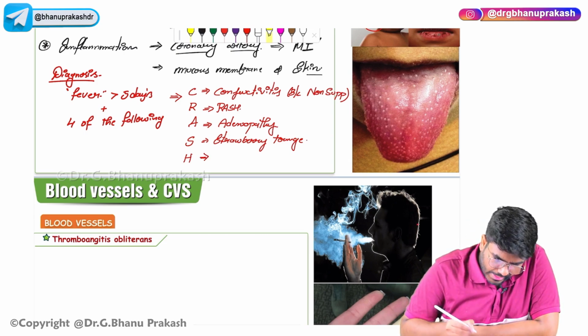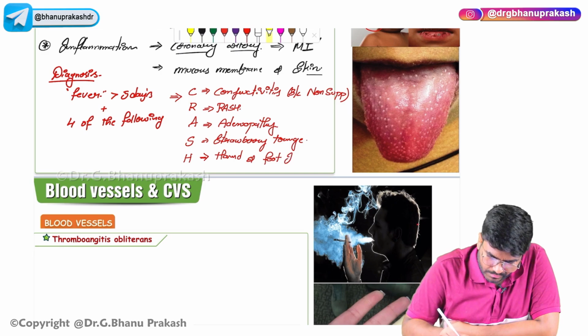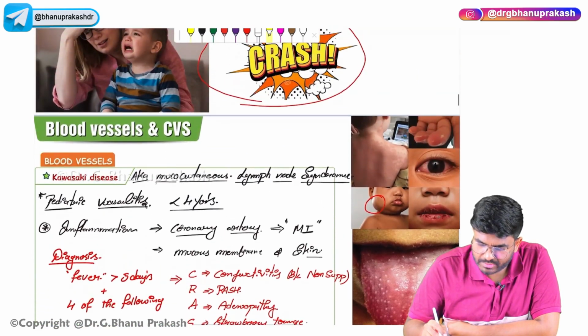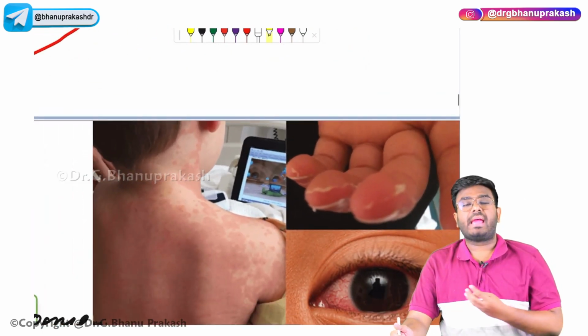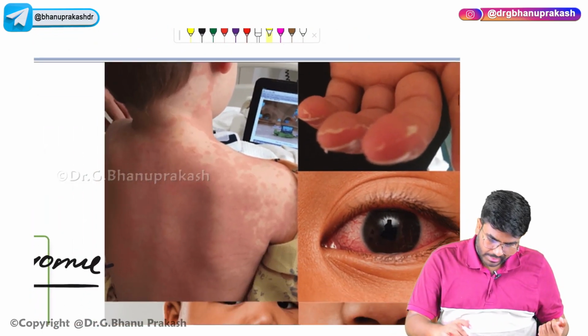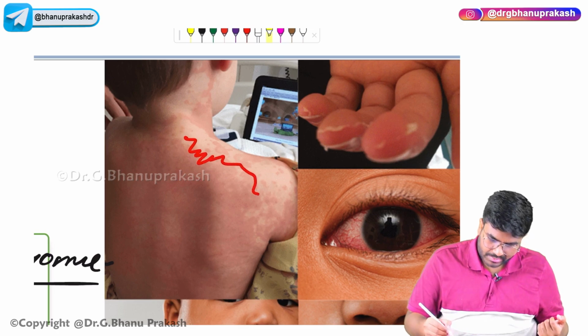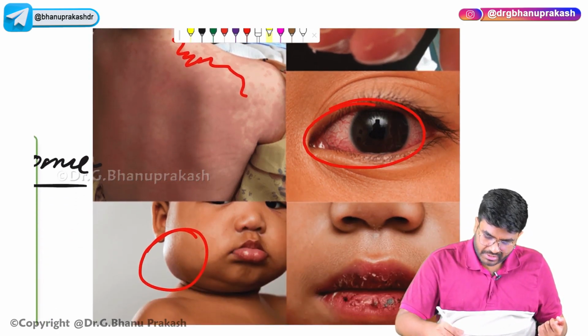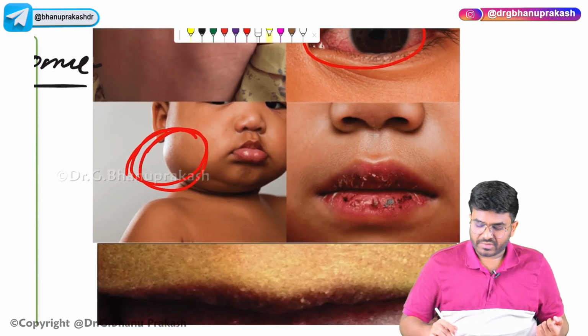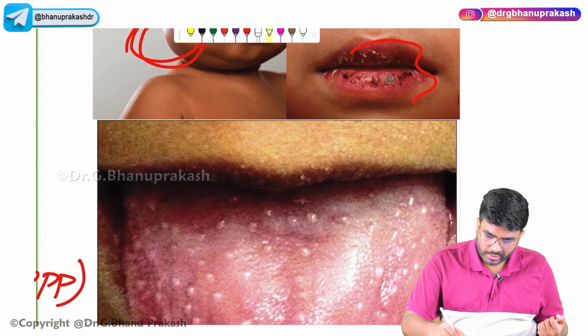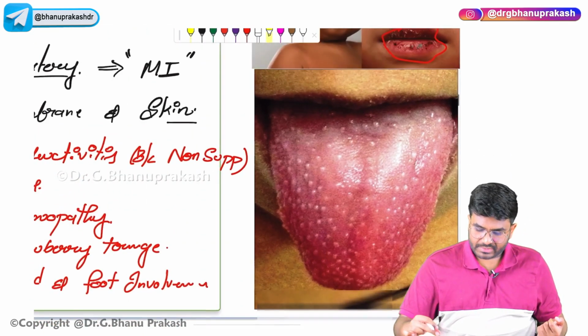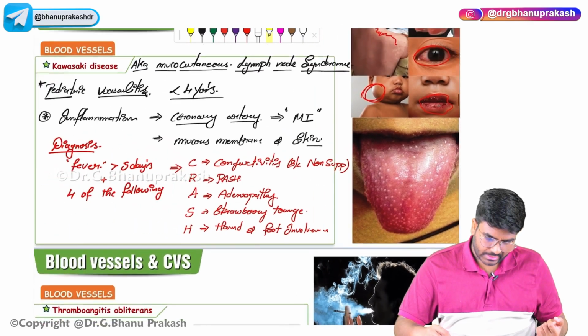H for hand and foot involvement. The mucous membranes in the hand and foot are going to be involved, and a polymorphous rash can be seen on the skin, there can be conjunctivitis, adenopathy, inflammation of the lymph nodes, and a strawberry tongue. These are the clinical features.